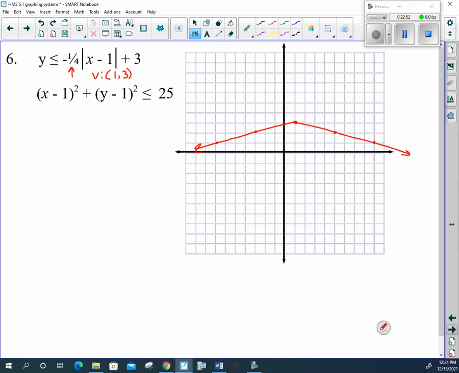And there we go. So this one is saying y is less than or equal to the absolute value. So this is going to shade below. If you're talking about less than the absolute value, we're going to be shading below. So it's going to be everything below. So all of this.